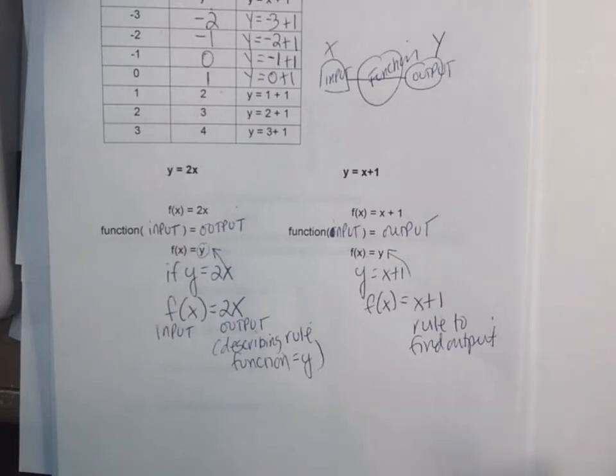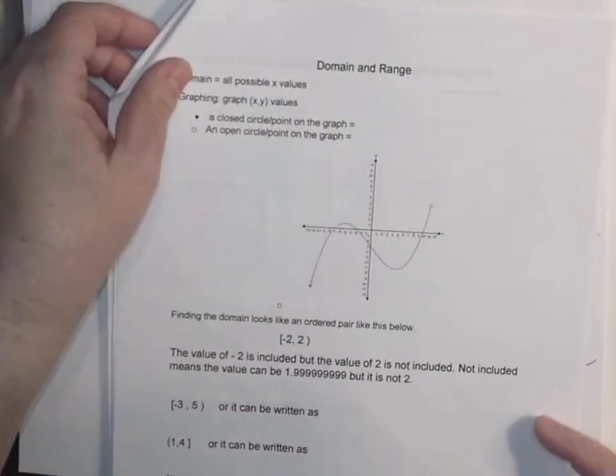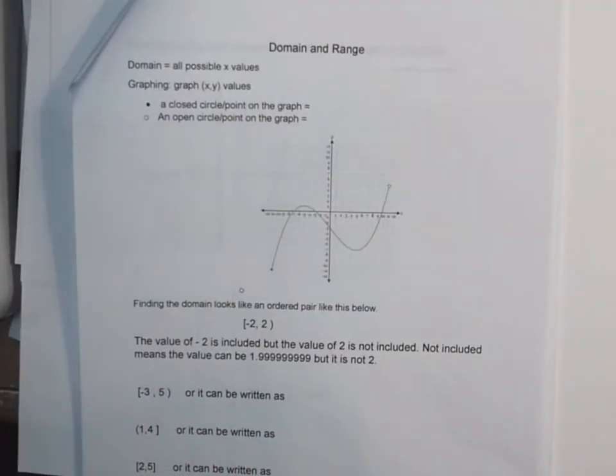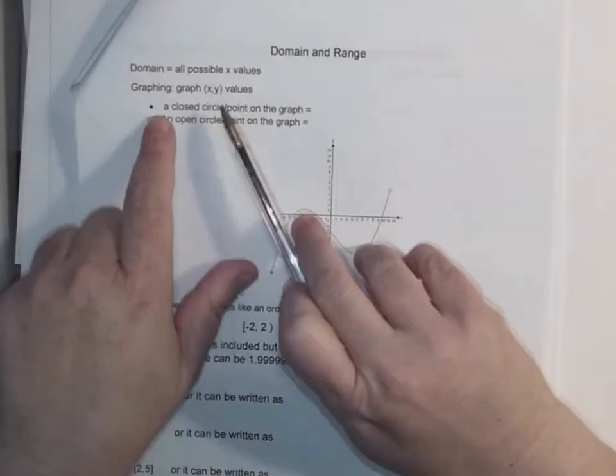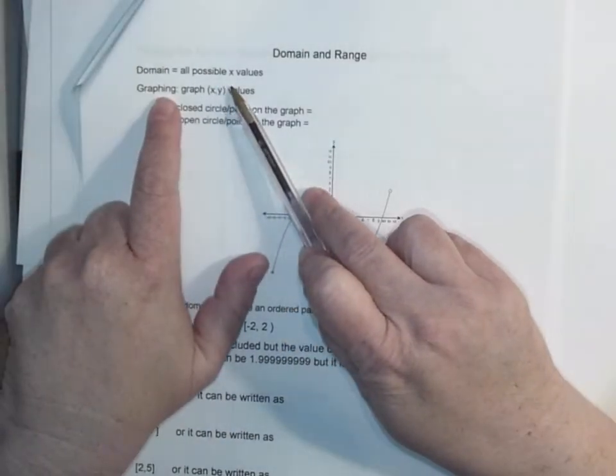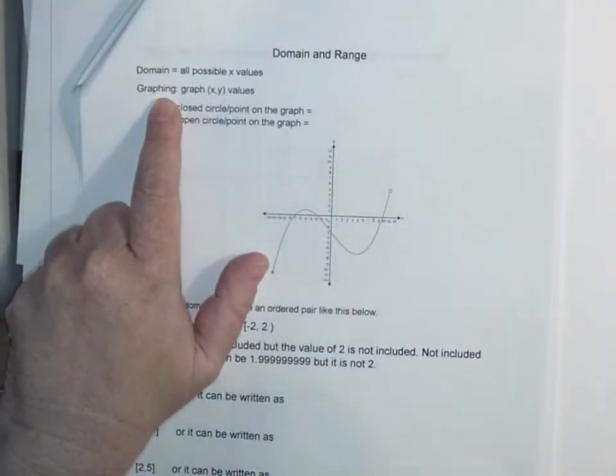All right. Let's get to the new stuff, and that has to do with domain and range. I've pasted some graphs on here, and there's some transcribing that you need to understand on how to write your information. All right, so let's take a look at this. It says domain means all possible x values.